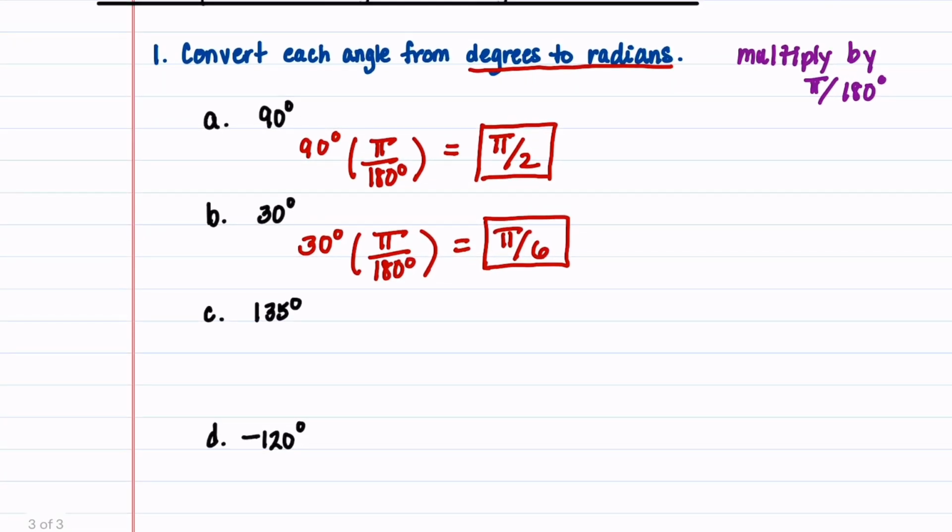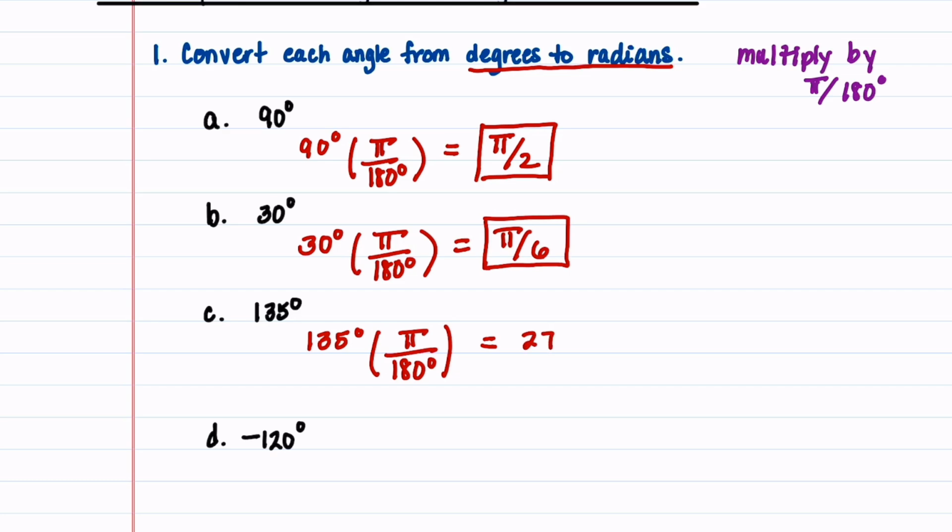The third one is 135 degrees. So we have 135 degrees times pi over 180 degrees. And now we're going to have to think a little bit. Let's see. The numerator and denominator are both multiples of 5. So if we divide 5 into each of those, 5 goes into 135 27 times.